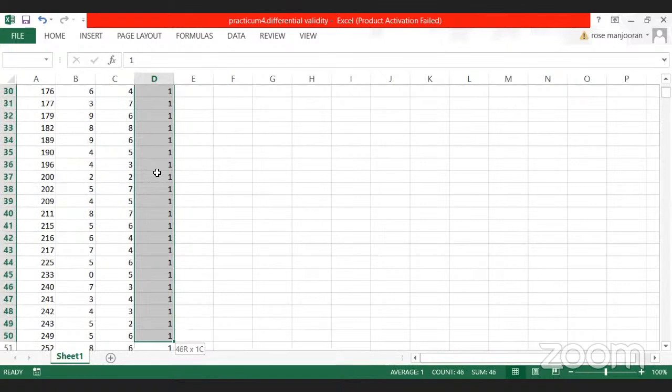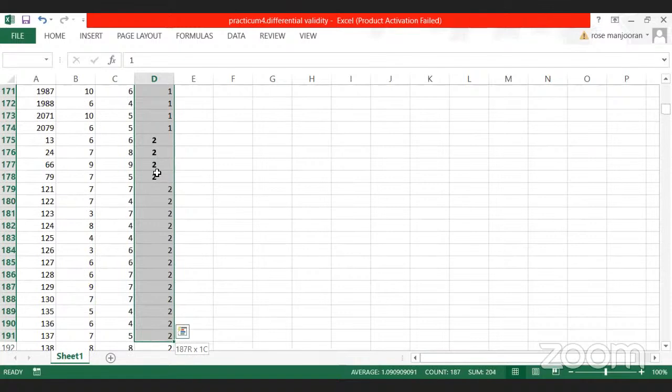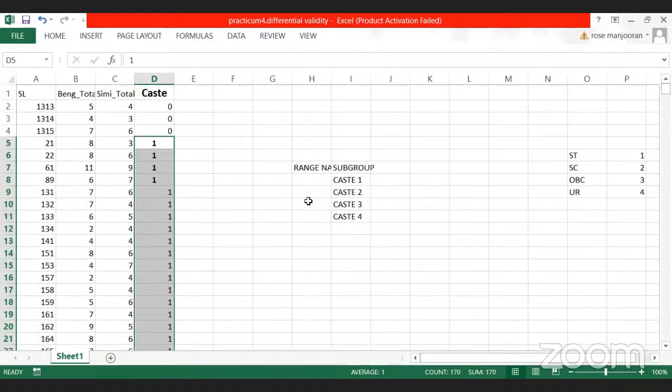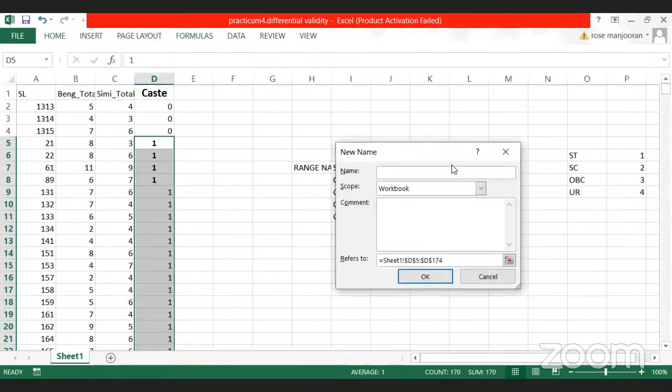So we have to find the range. We have selected 1 now. Then just go to formulas, define name. So here we can see which cells we have selected.